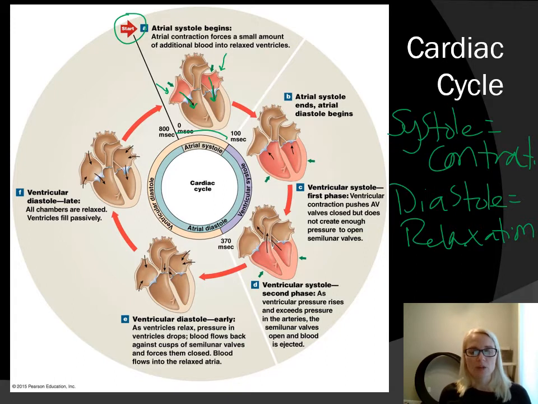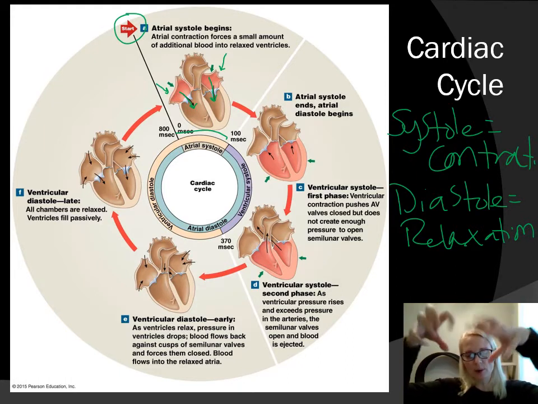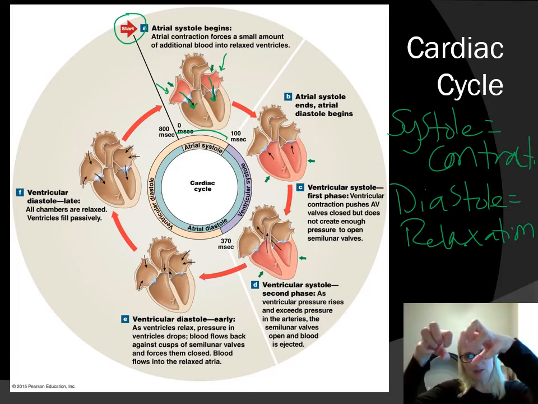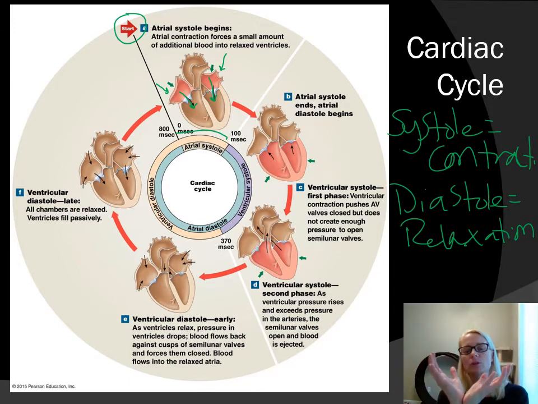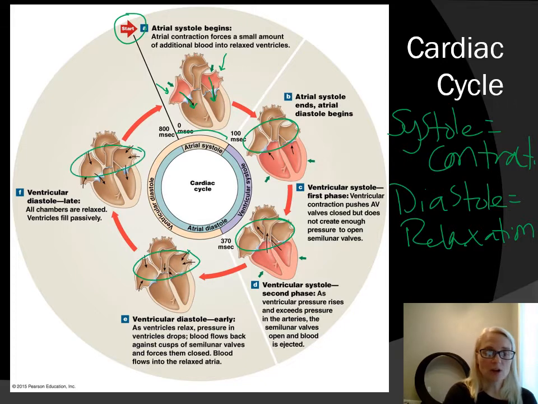Okie dokie. So then our ventricles are filled, because the atria are squished. They're pumping the blood from the top, that last little squirt of blood, and our ventricles are all filled up. Now, if we just keep looking at the atria, this whole rest of the time the atria are not contracting. They're in atrial diastole.